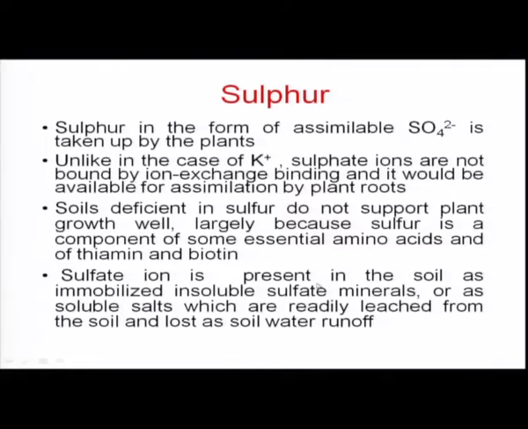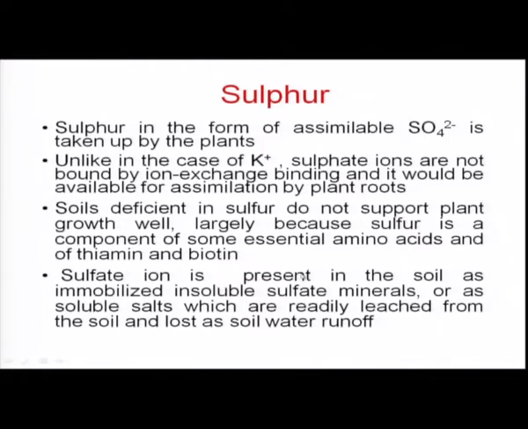And sulfate ion is present in the soil as immobilized insoluble sulfate mineral like calcium sulfate, or as soluble salts which are readily leached from the soil and lost in soil water runoff, because except maybe calcium, the other cations associated with sulfur are easily made water soluble, like sodium sulfate and potassium sulfate.